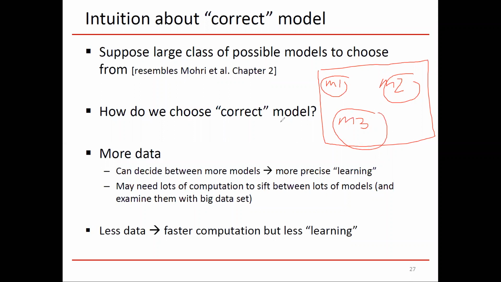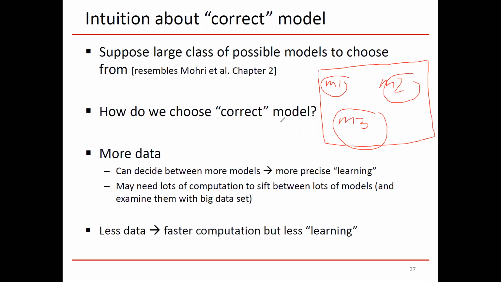And we want to know what's the correct, in quotation marks, model. Why am I saying correct? Because, as I said earlier, there's no correct model. There's no perfect model unless it's man-made data. Instead, there's a model whose complexity offers a reasonable trade-off with how well it explains the data.